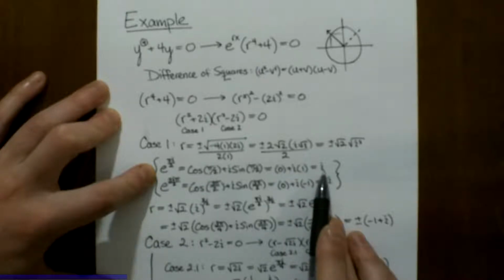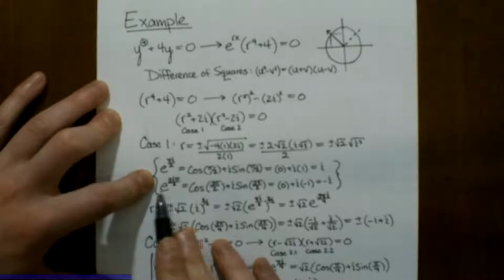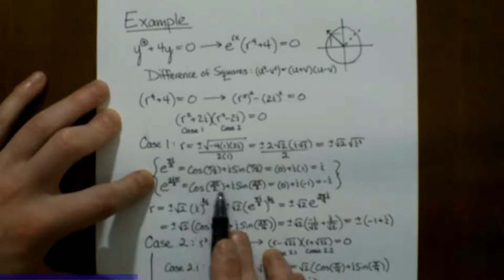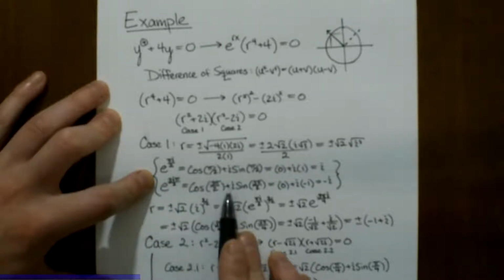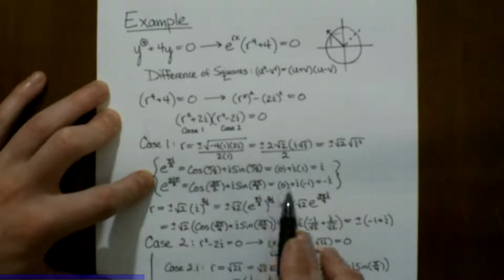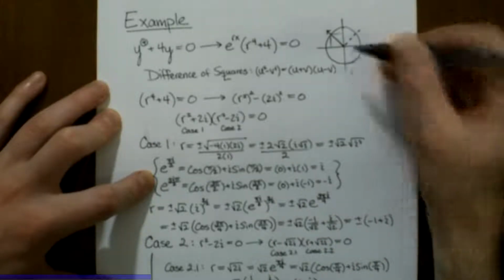If we go another halfway around the unit circle, we can consider e to the 3 pi i over 2. So this becomes the cosine of 3 pi over 2 plus i times the sine of 3 pi over 2. And again, the cosine term will evaluate to 0 because we're dealing with a perfectly vertical line right here.